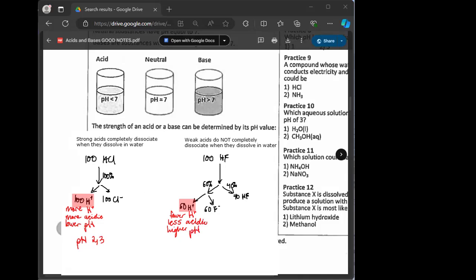Now, it's still going to have a pH less than 7 because it's still producing hydrogen ions when it dissolves, but it just makes fewer hydrogen ions, so the pH probably would be maybe like 5 or 6.